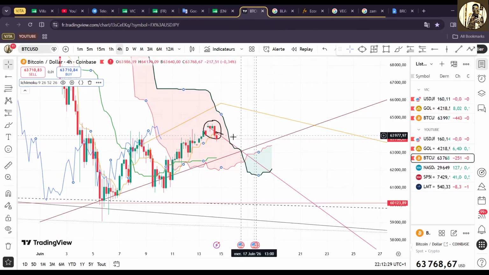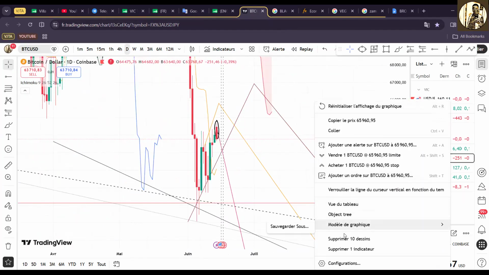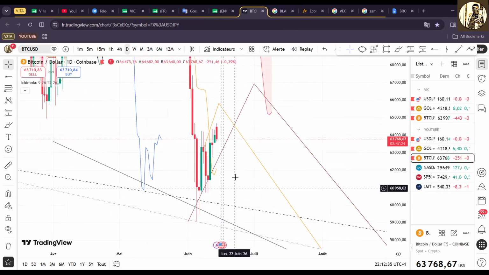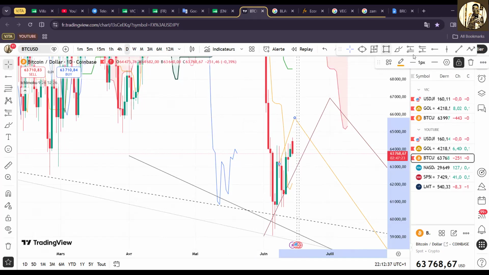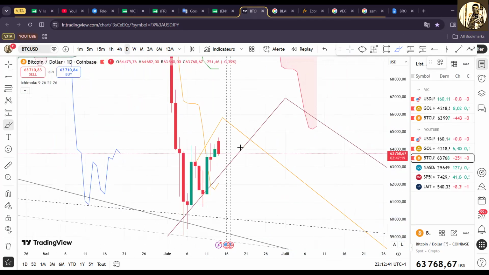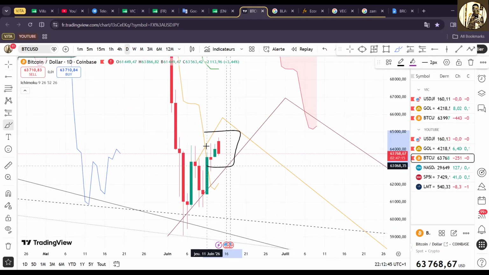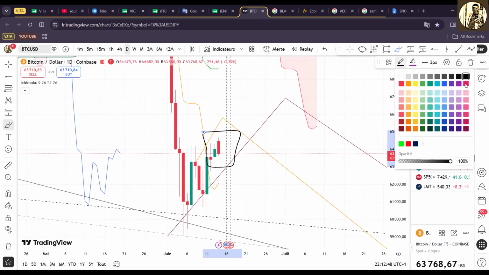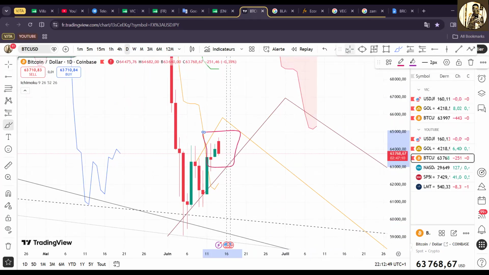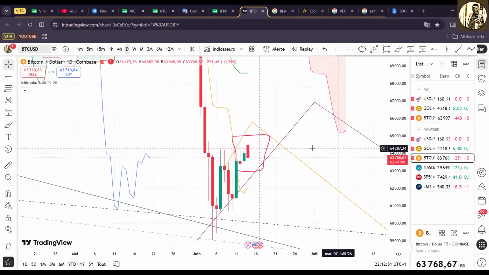What we have on daily now, we have something like this. On daily, we have this daily Tenkan, right? Okay, that's the first Tenkan.